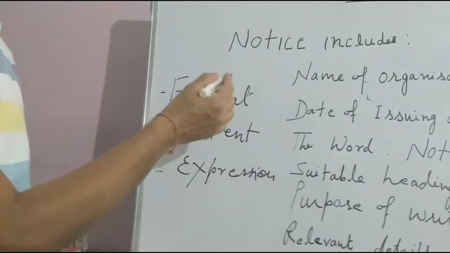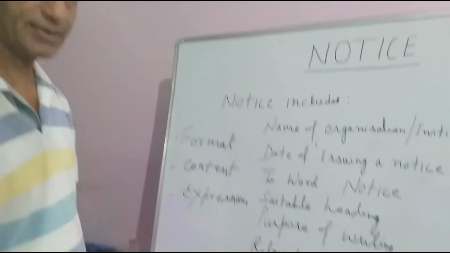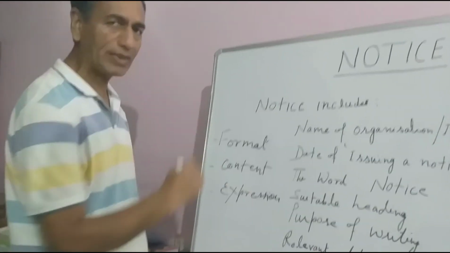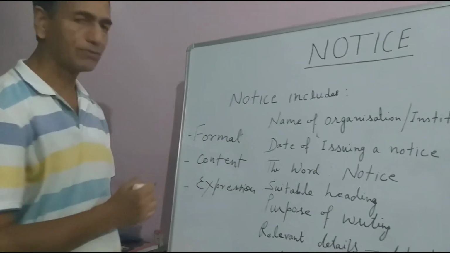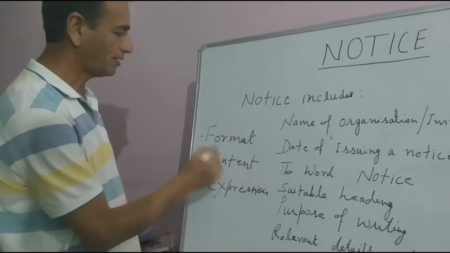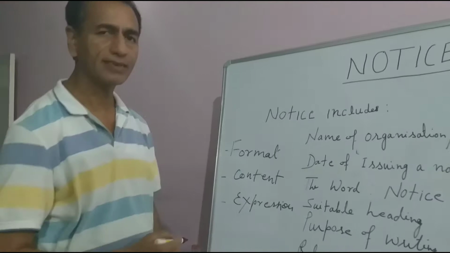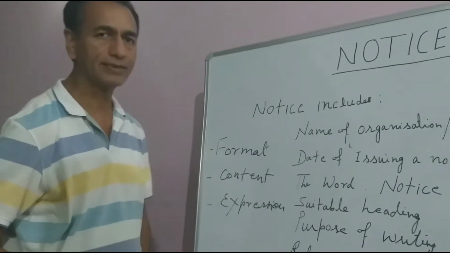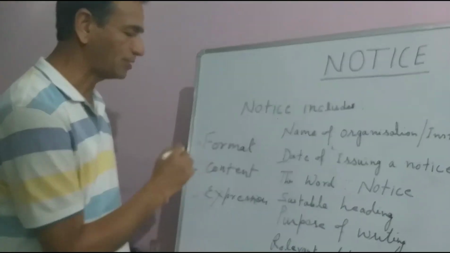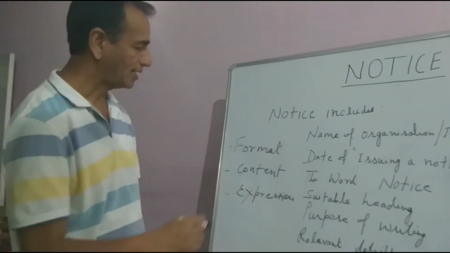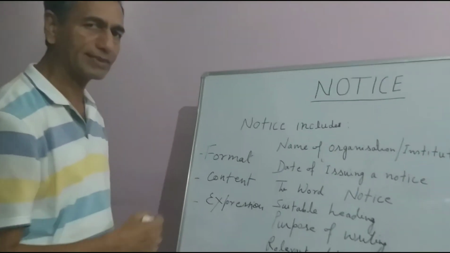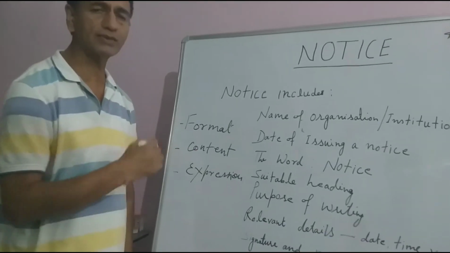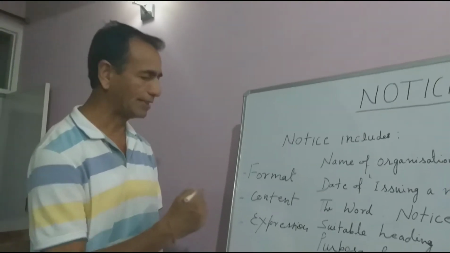Now from your examination point of view, you are awarded marks for all these three things. Format, you get a mark for that. For content and expression, you get separate marks. Now content means the subject, the purpose of writing the notice, and expression means spellings, sentences, or the words you are using to write the notice.